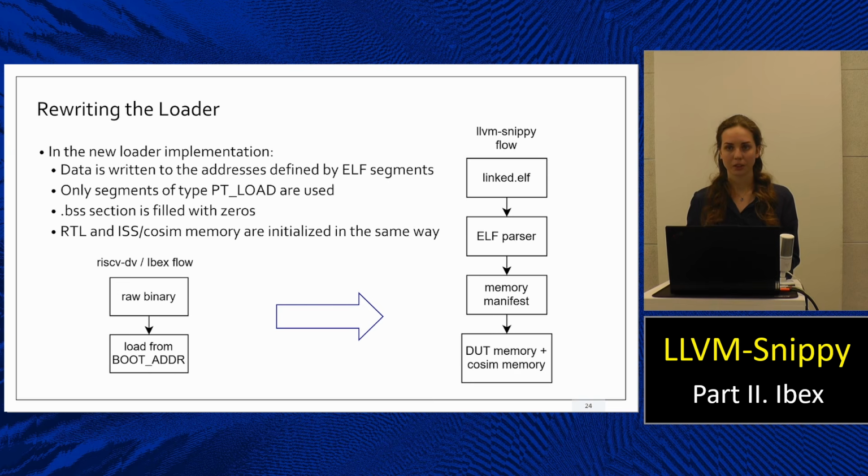This also ensures that memory is initialized identically for the RTL and the simulator, so both sides of the comparison start from the same initial state. This is important for co-simulation, otherwise a mismatch could come from loading, not from the core behavior itself. As a result, the ELF becomes not just metadata inside the file, but the actual layout used by the test.